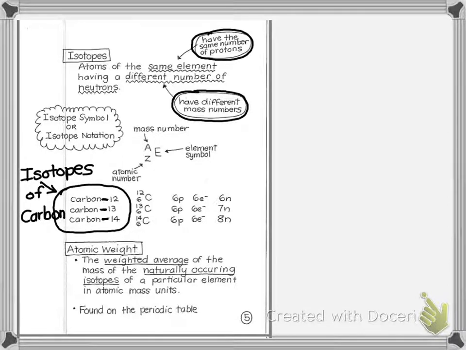So it's carbon-12, carbon-13, carbon-14. What we know about carbon is all carbons have 6 protons. I've memorized that because of experience, but if you didn't know that carbon had 6 protons, all you have to do is find carbon on the periodic table.